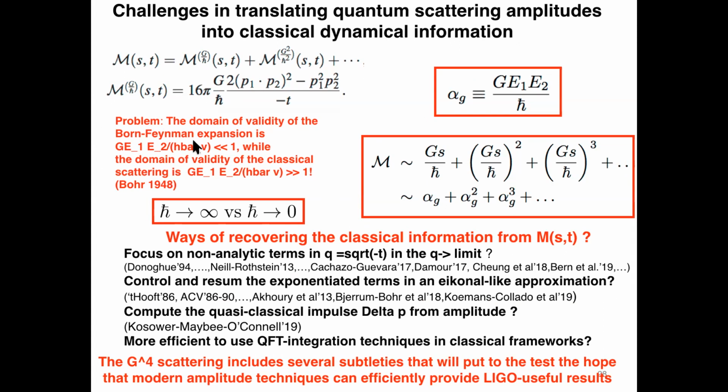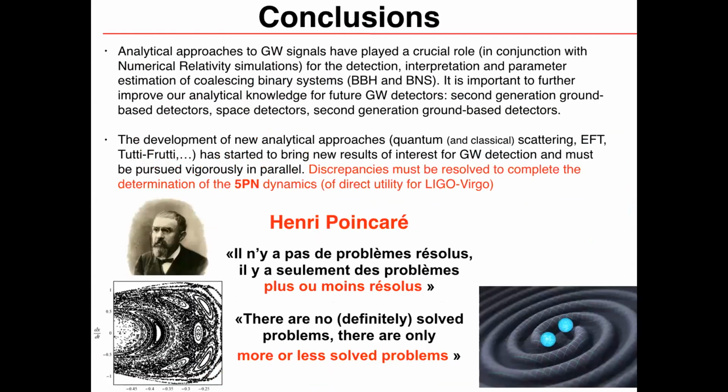I mean, the analog of the fine structure constant must be very large in the classical computation, while it must be small in the quantum computation, except if you really prove in detail that you have eikonal-like exponentiation. So anyway, this shows that the current level of G^4 scattering will put to the test all these interesting conceptual advances.